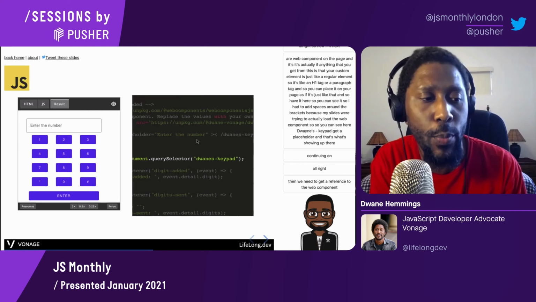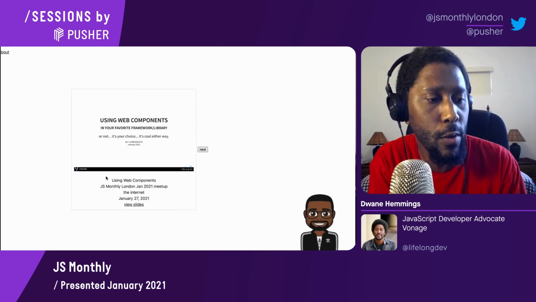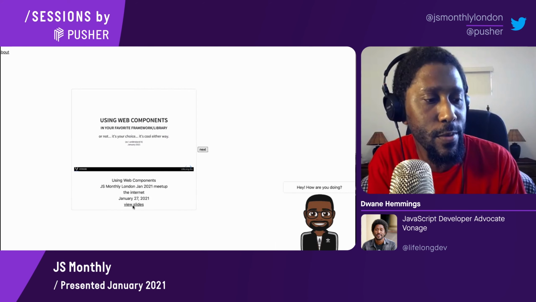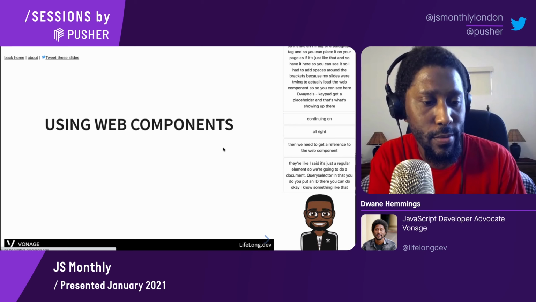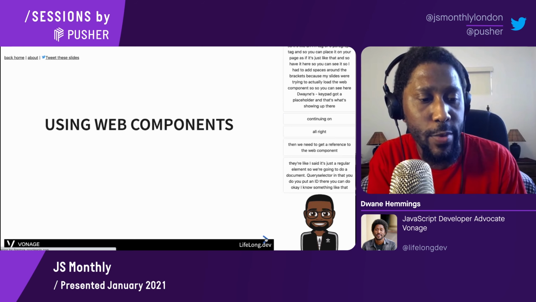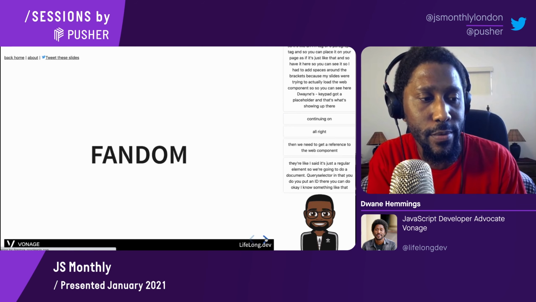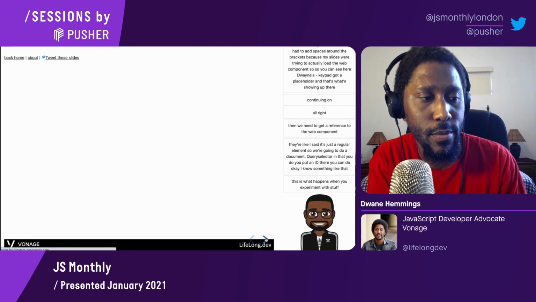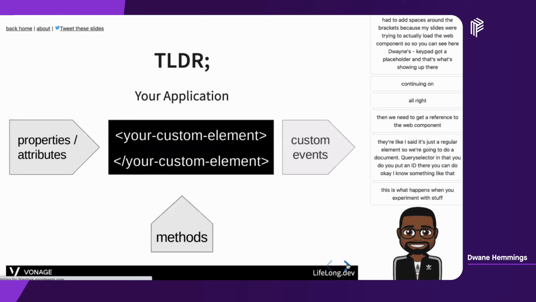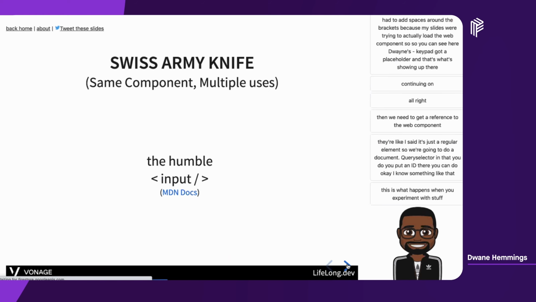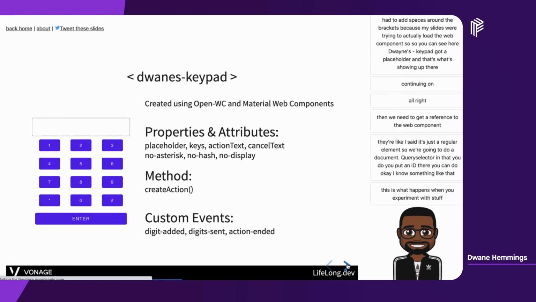If you put an ID there, you can do, okay, I knew something like that was going to happen. This is what happens when you experiment with stuff. Okay, cool.